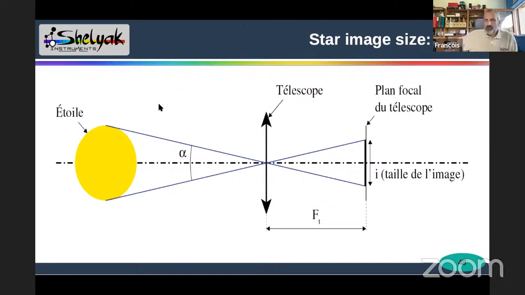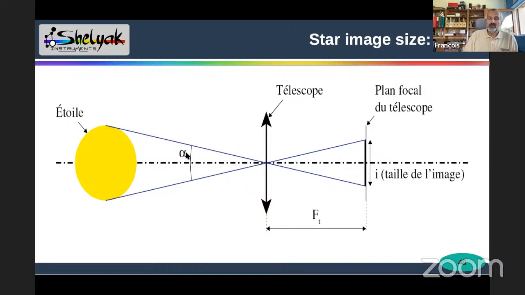Regarding the seeing and the star image size at the focal plane, keep in mind that the star image size depends only on two parameters. The first one is the seeing, which is in fact the angle from which you see the star from your observatory, from your telescope.